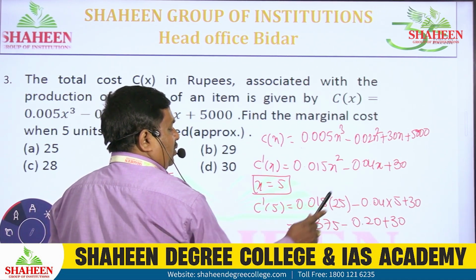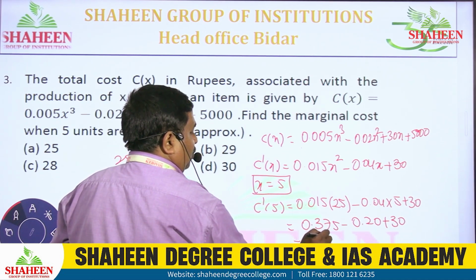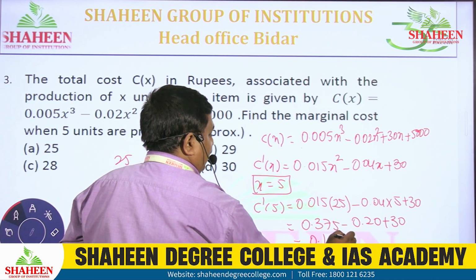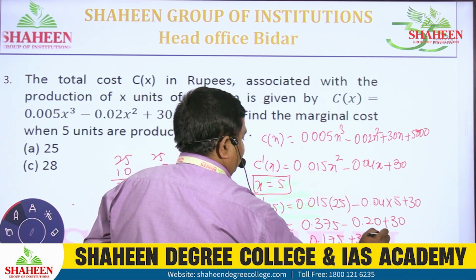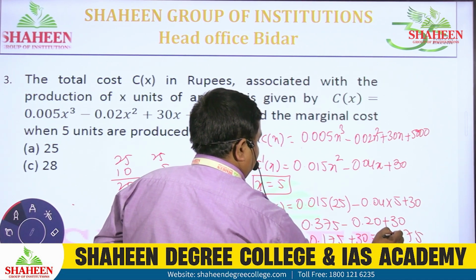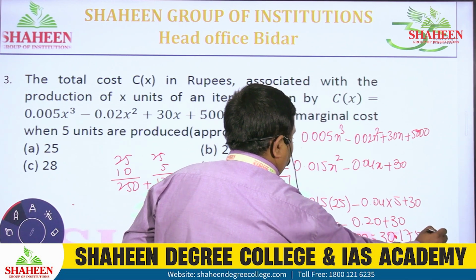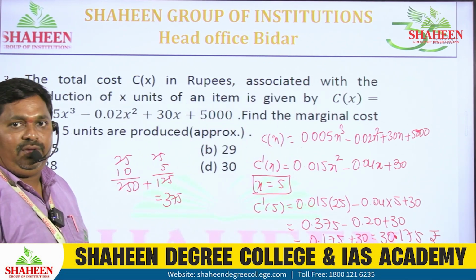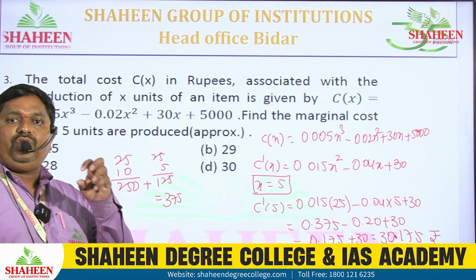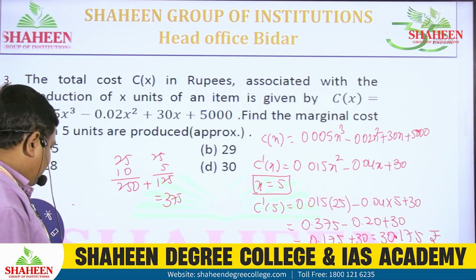From this, 0.375, if we subtract 0.20, this becomes 0.175 plus 30, and this becomes 30.175 rupees. So this is the marginal cost of the function when 5 units are produced.